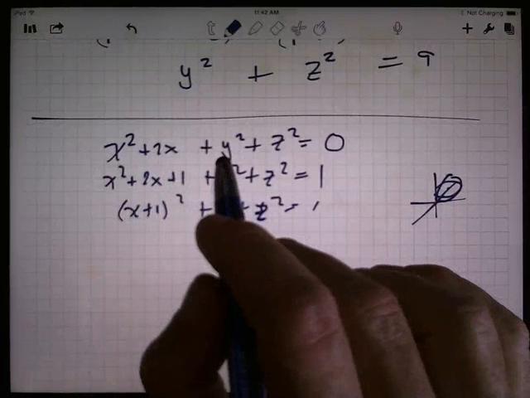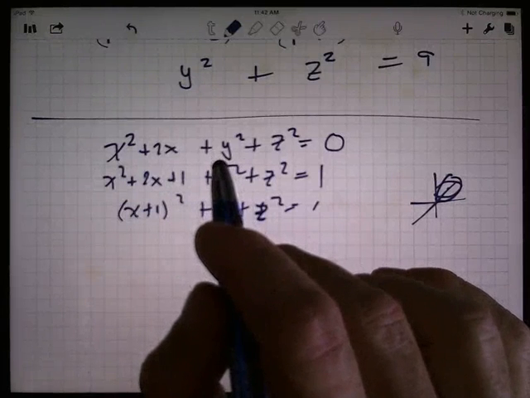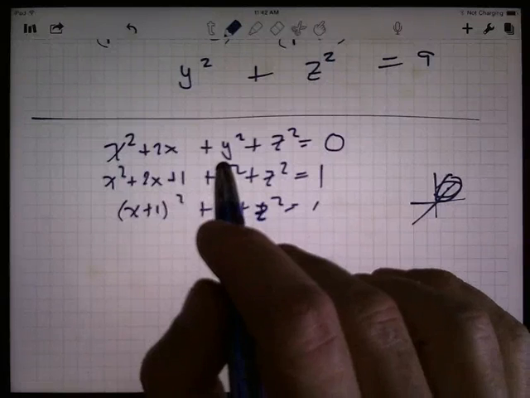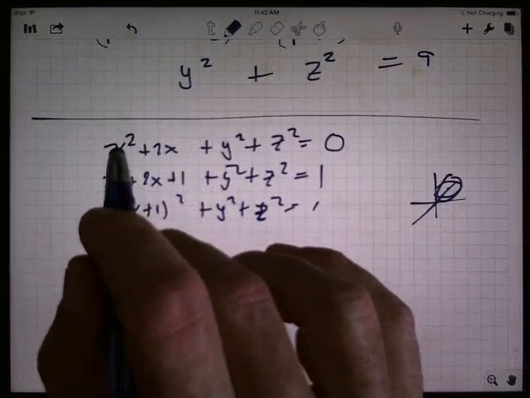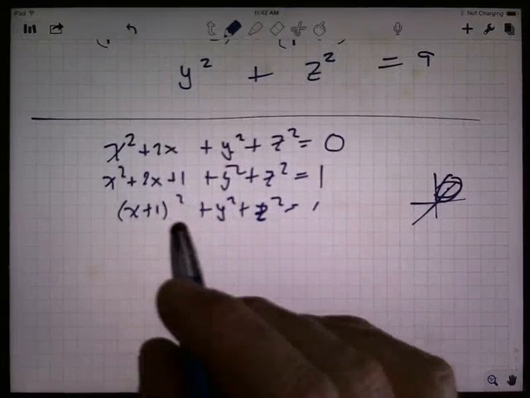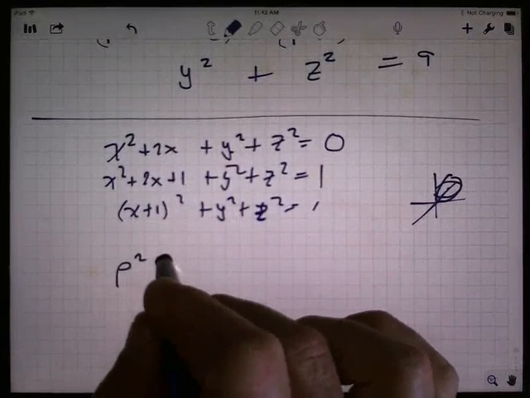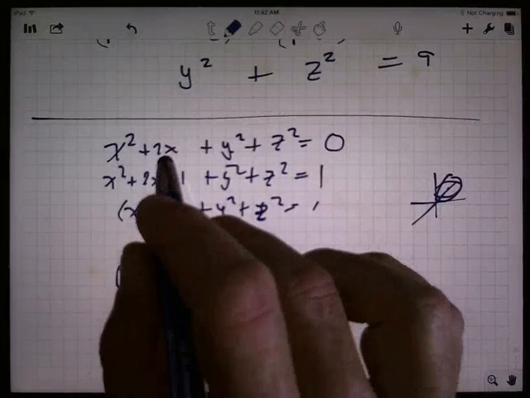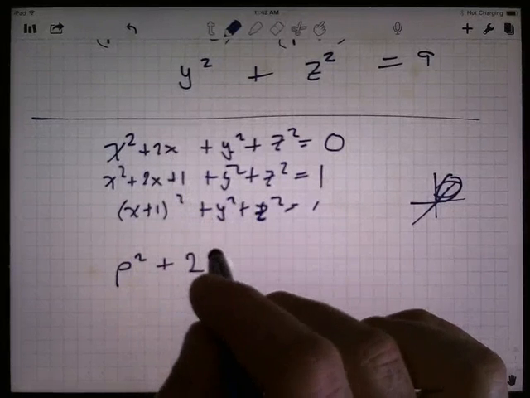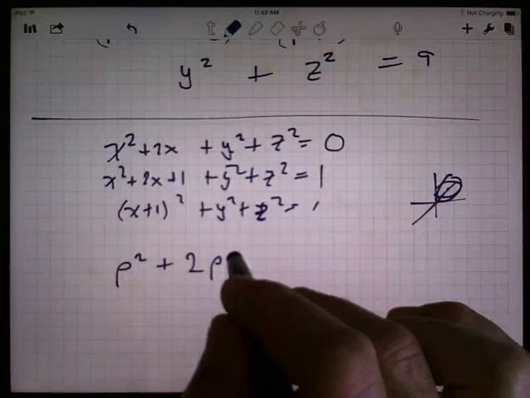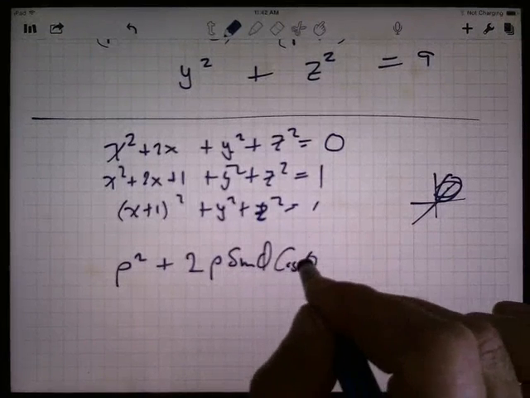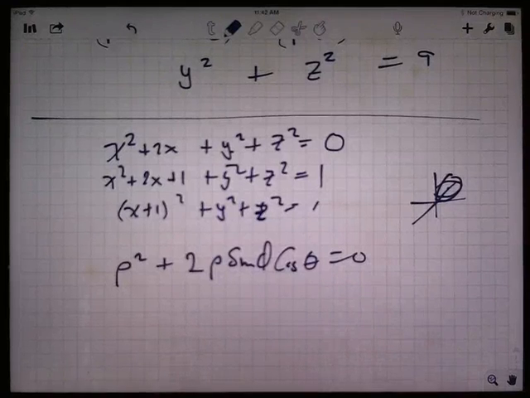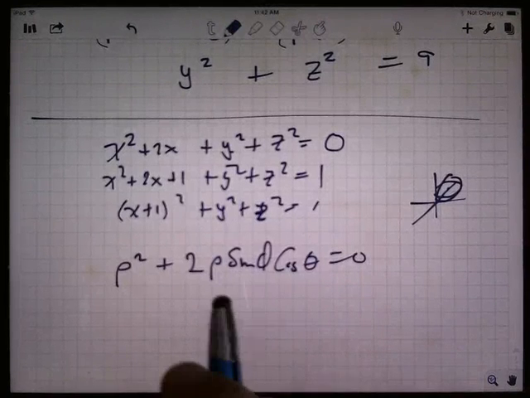And every place I see a y, I can put a rho sine phi sine theta, right? However, there's times when I notice things like x squared plus y squared plus z squared. Well, that's rho squared. So what I have is a rho squared plus 2x, and x then is rho sine phi cos theta, equals 0. So there's the converted equation.